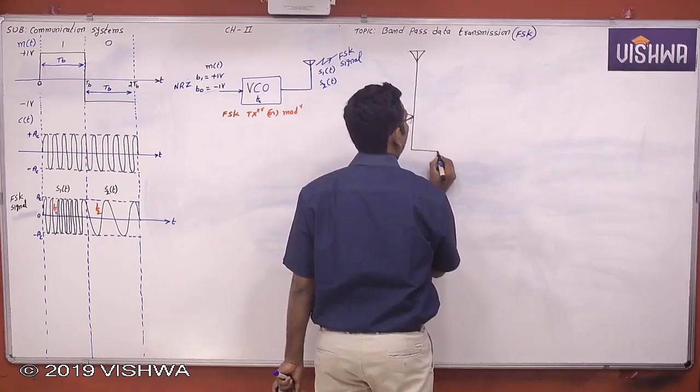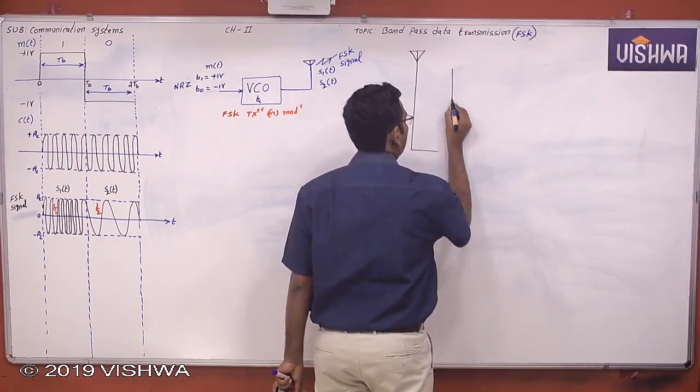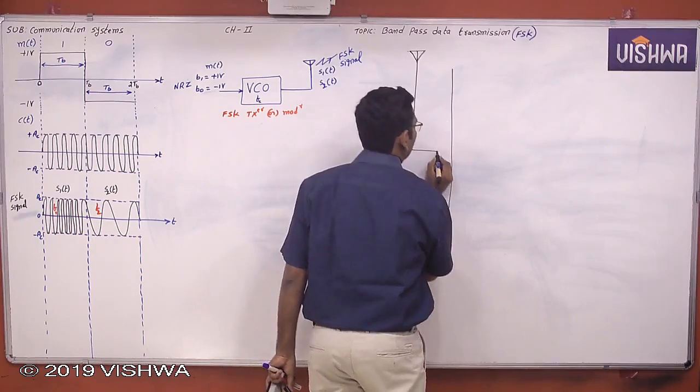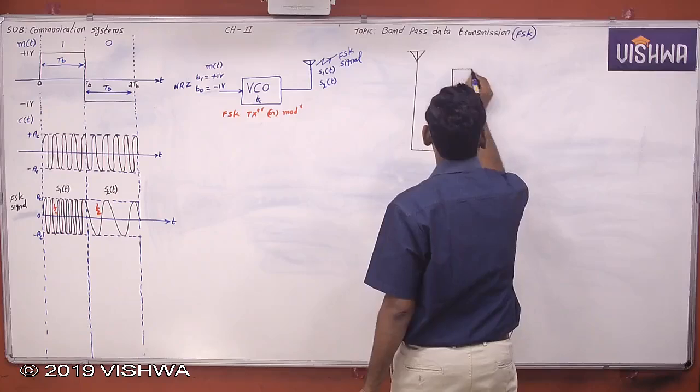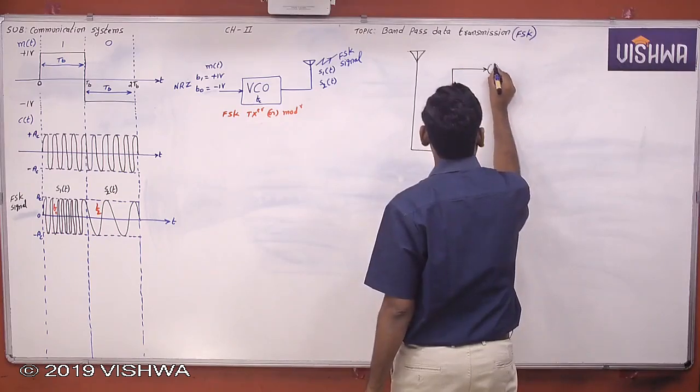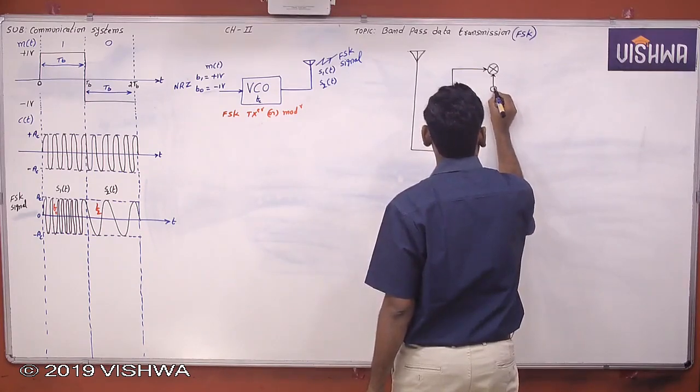The input to the receiver is an FSK signal. Now there are two local oscillators because there are two different frequencies at the output of the transmitter.